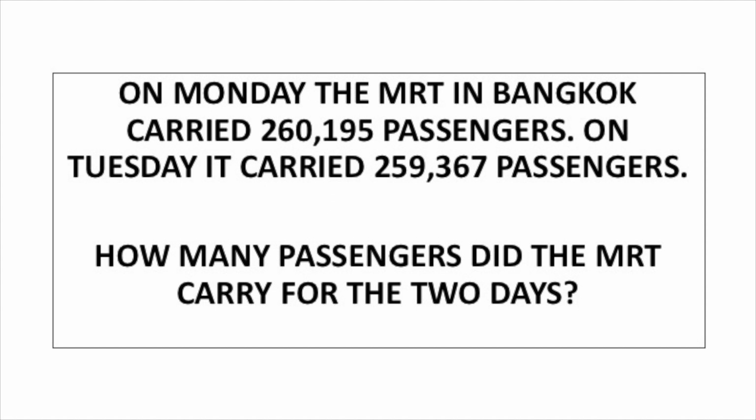Okay, so looking at our word problem again now, what numbers do we need to add together? Excellent, guys. Well done. So you see, you can read the word problem and identify the numbers that we need to add together.